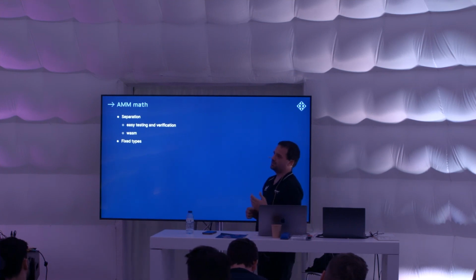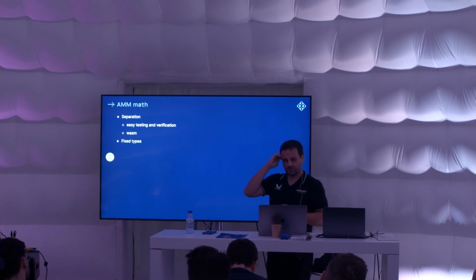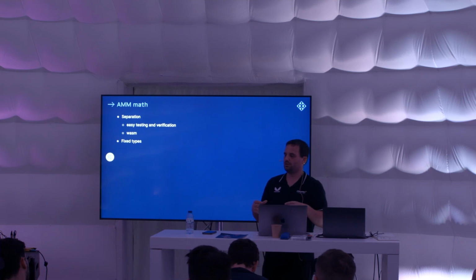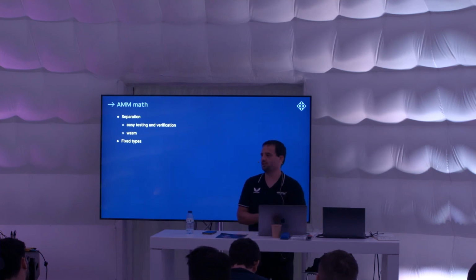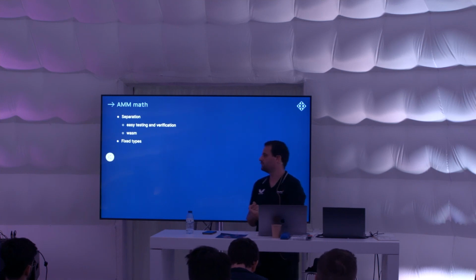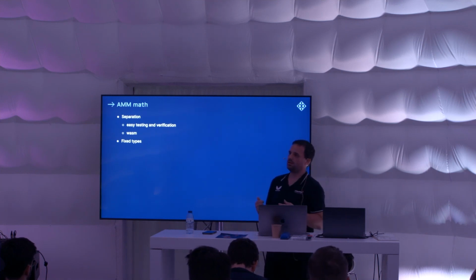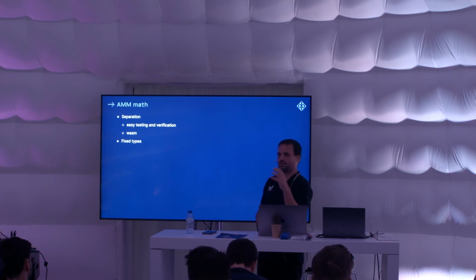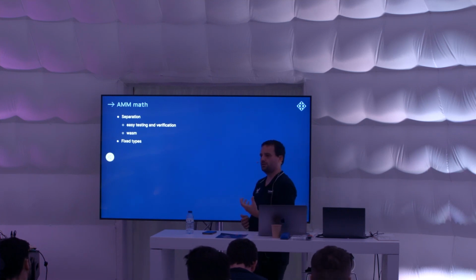Another important thing is the fixed types, right? You are working in integer space here, right? So we have all balances stored as U128, so we are doing integer math, right? But to represent price, you need some fixed type.